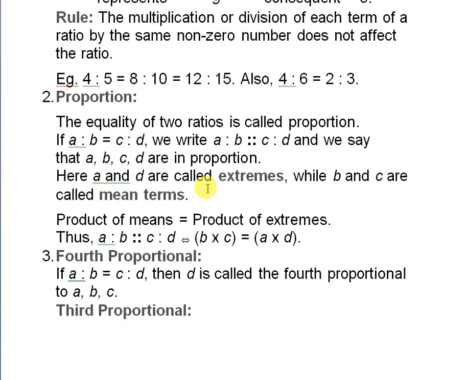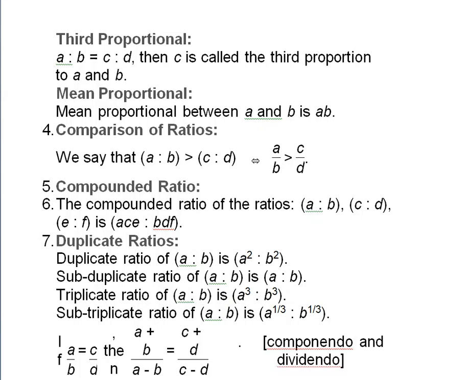Moving on, fourth proportional. If A ratio B equals C ratio D, then D is the fourth proportional to A, B and C. Third proportional: if A ratio B equals B ratio C, then C is called the third proportional to A and B. Mean proportional between A and B is square root of AB.